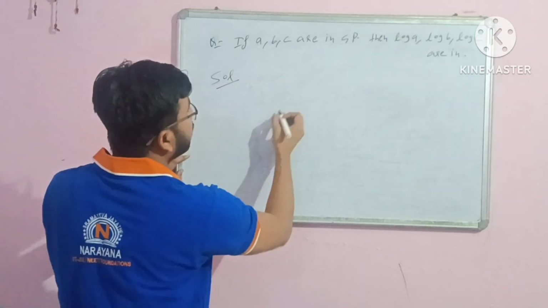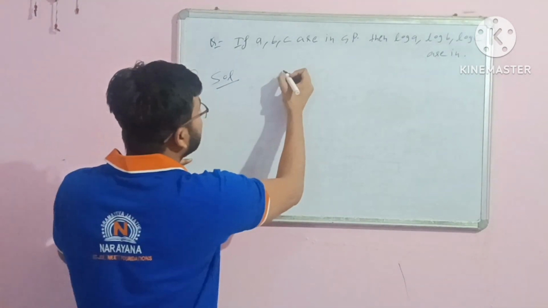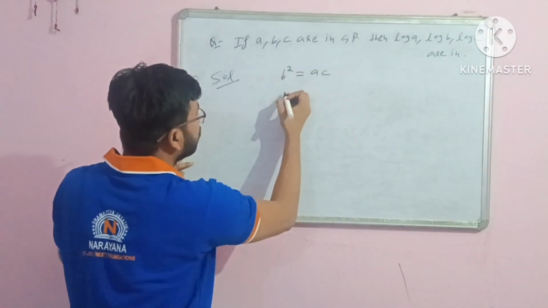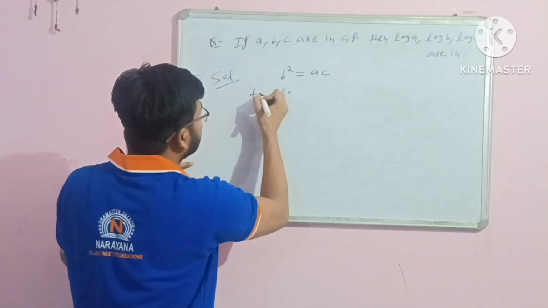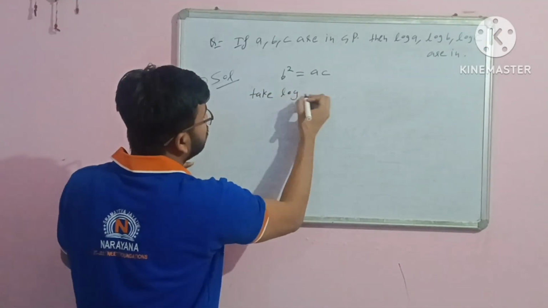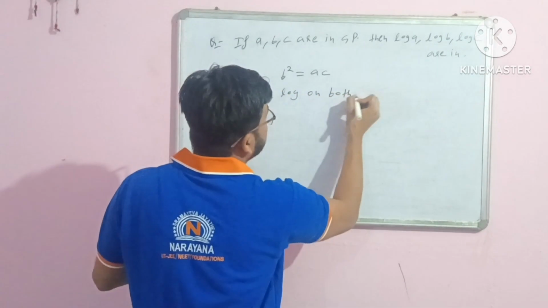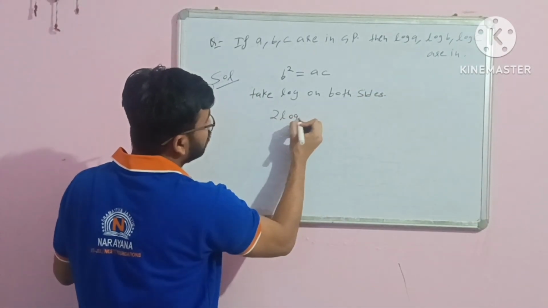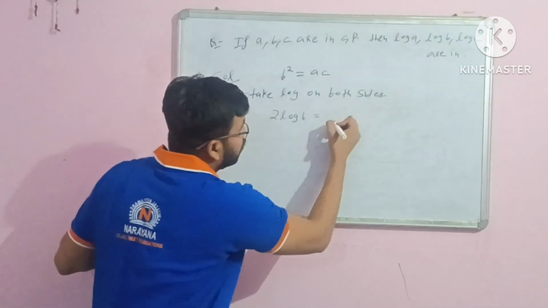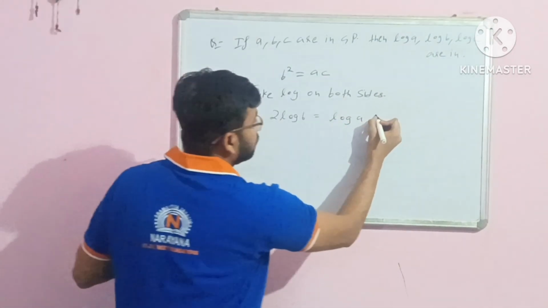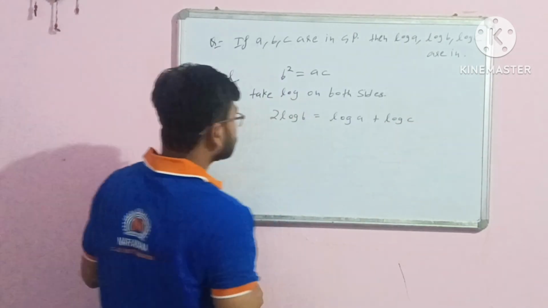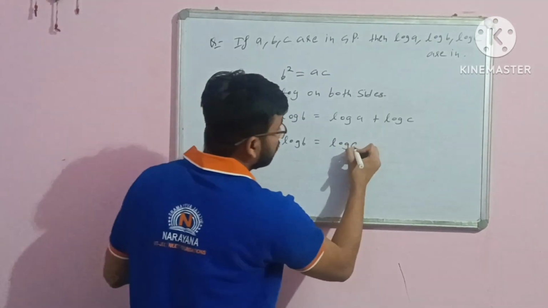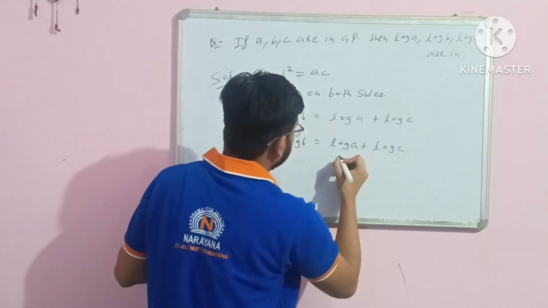We know that if A, B, C are in GP, then B square equals AC. Then if we take log on both sides, we get 2 log B equals log A plus log C. So log B becomes equal to log A plus log C upon 2.